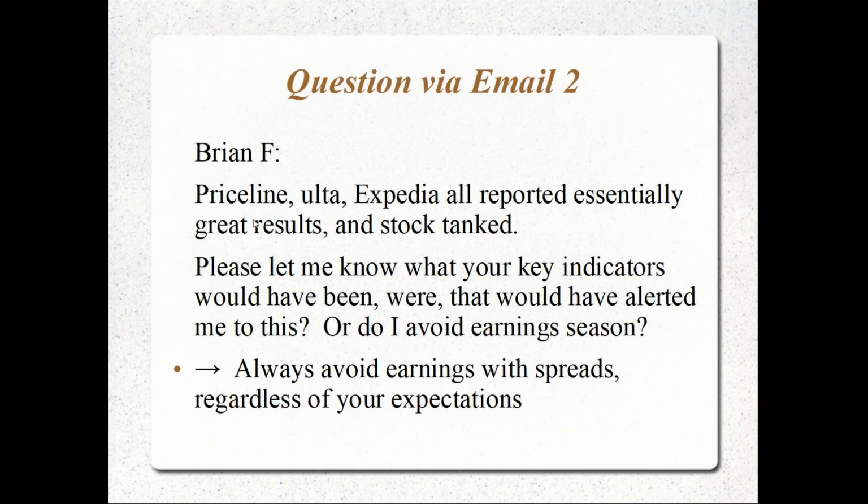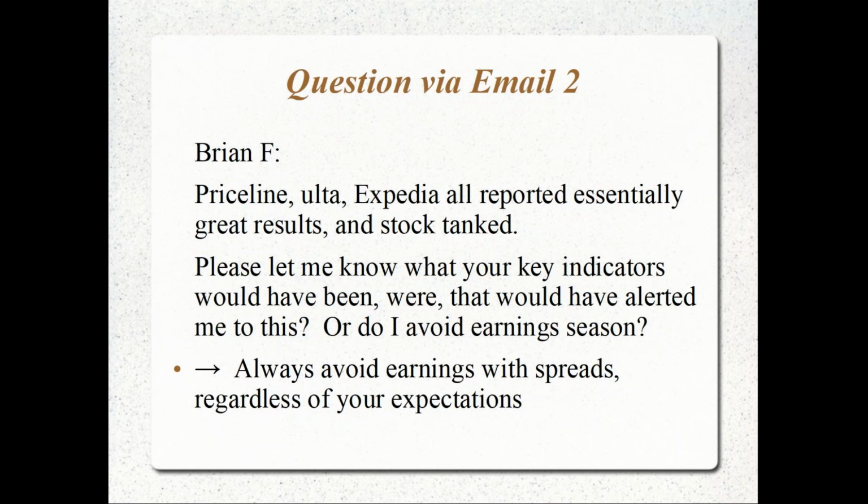There's a problem with trying to gauge earnings, positive or negative. A lot of people say if you see the stock moving up the day of earnings, it's usually going to drop at earnings. And that's true about 50% of the time. Others will say if you see a stock dropping the day before earnings or leading up to the earnings, it's likely to move up. That's correct about 50% of the time.